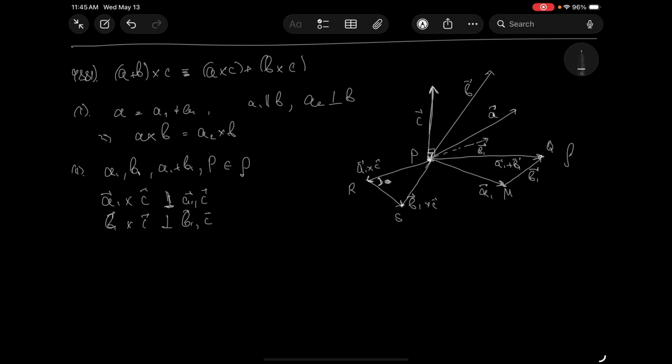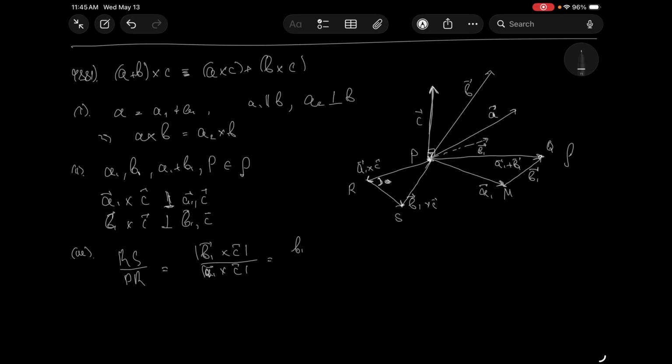We know that RS over PR, that would be the magnitude of b1 cross c over PR, which is this side, is the magnitude of a1 cross c, which equals b1.